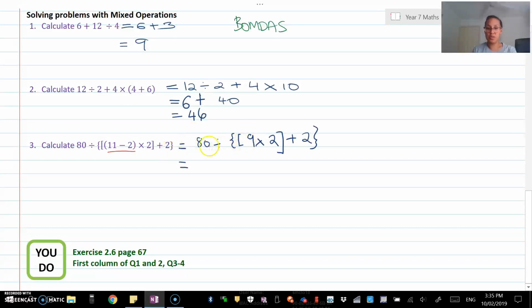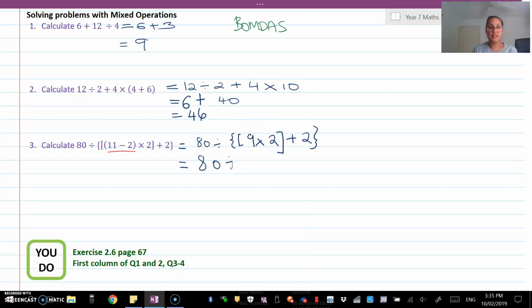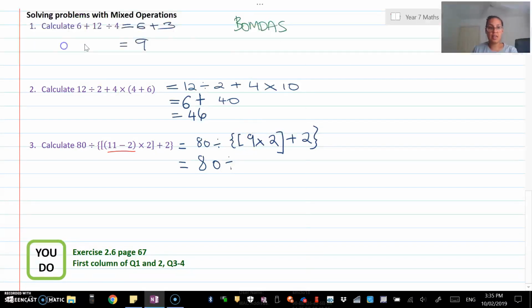So continuing on with that, we've got 80. Now we have a look at what's inside the straight brackets here. I haven't drawn them very nicely, but we're going to solve those bits there.